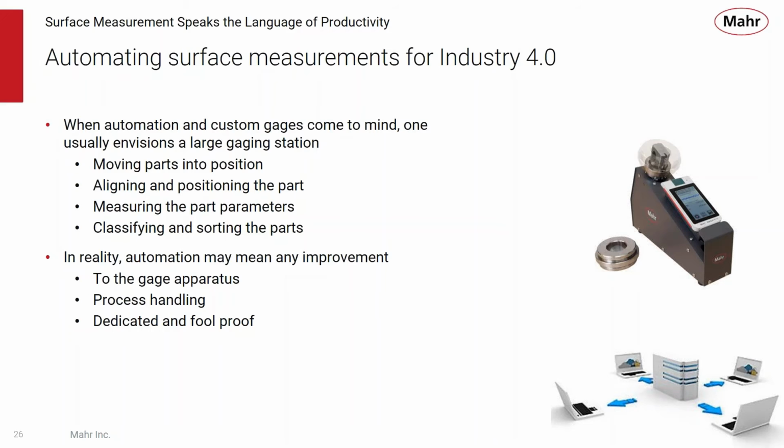It could mean that, but simply making it easier for the operator to use and make his measurements is really helping to automate the process. So we can do things to create special gaging apparatus or alignment fixtures. We can do things with process handling, all in the effort to make the gauging dedicated, foolproof, fast, and easy for the operator to use.